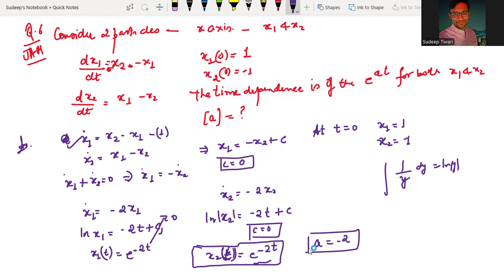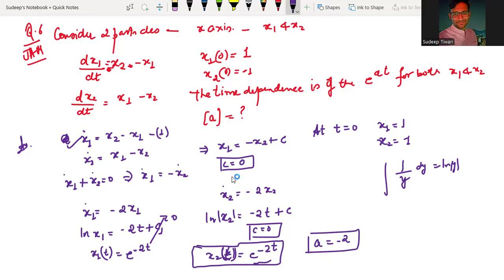Okay, I think I have made some mistake over x1 dot is equal to x1 minus x2. So minus x2, yeah, I see. You just see if there is some mistake. I think it's correct as far as I'm concerned. Because here I have written x1 is equal to x2.